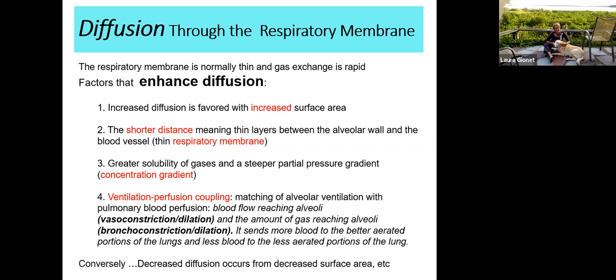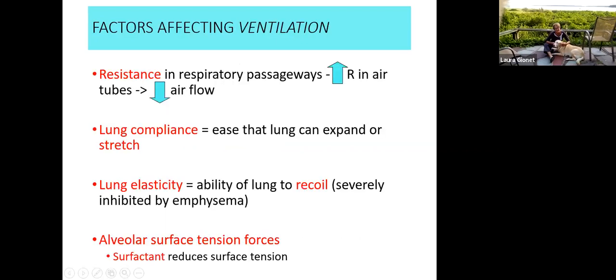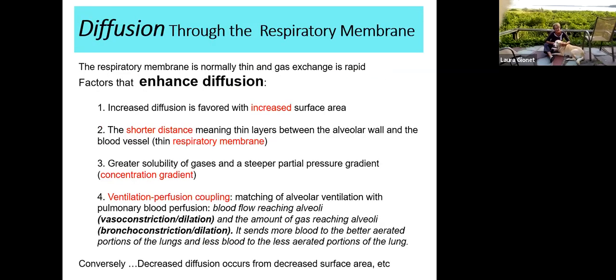So keep that in mind. But especially for quiz questions, test questions, know these 4 variables. In the same respect, you should know the variables associated with ventilation, with airflow out of the system, and then diffusion across the respiratory membrane.